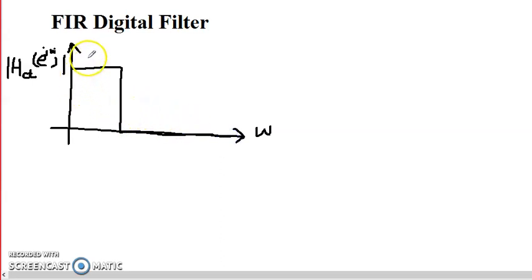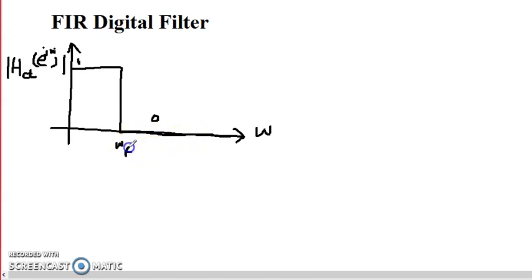When we discussed the ideal filters, we told you that ideally a filter should have a smooth selectivity for the frequencies less than omega c, and a complete rejection, that is zero, beyond the omega c. Okay?